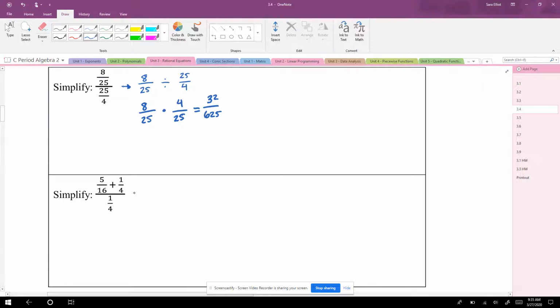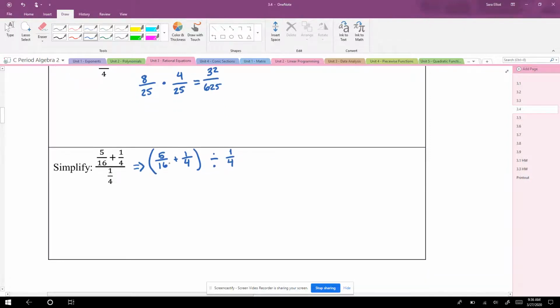Alright, I'll also do this next example real quick. So here, if we rewrite this, we have 5/16 plus 1/4, and all of this is being divided by 1/4. Since we are dividing all of it by 1/4, we have to use the parentheses here. So remember order of operations, we have to do parentheses first, which means I need a common denominator.